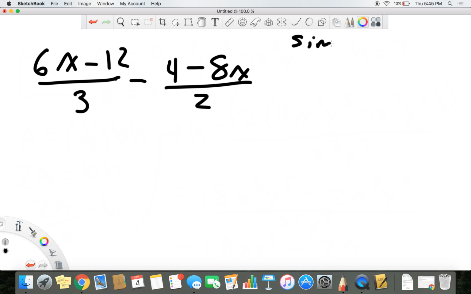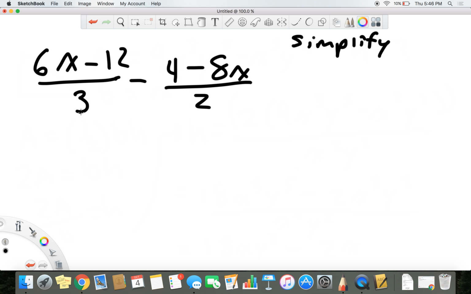So simplify. Now, what we want to do is work with these fractions, but they have different denominators, meaning we have to do something to the denominators first, to attach these fractions together and then simplify them. So we have to find a common denominator.